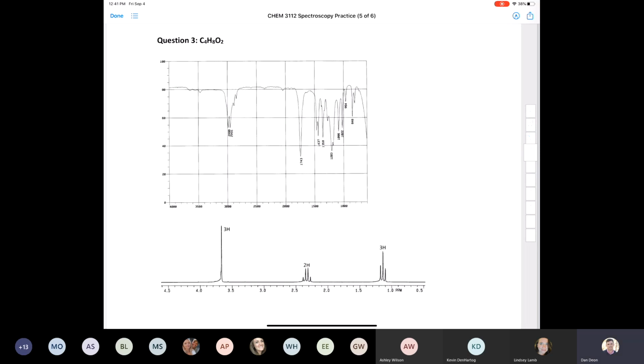Does anybody have any ideas about this one? There are only 4 carbons. Not a lot of options. Anybody have any ideas? Functional groups, HDI, anything?